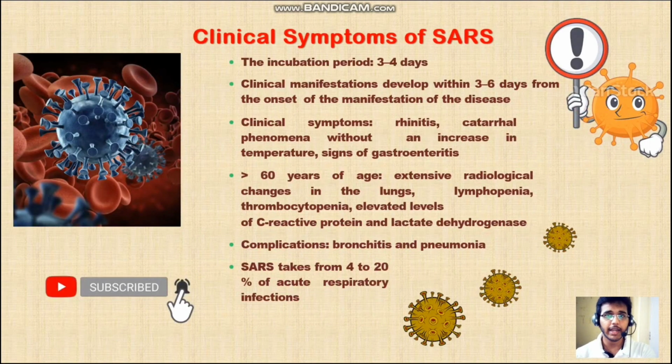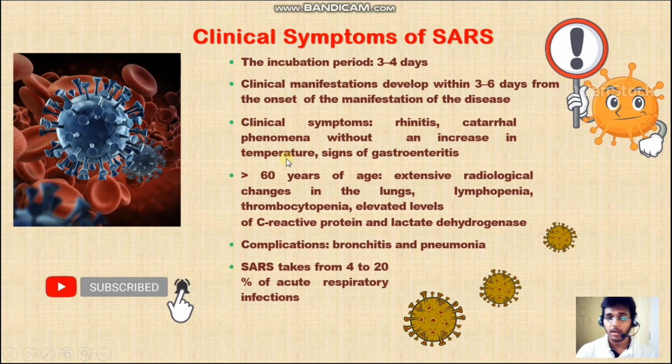Next we have to discuss the clinical symptoms of SARS. The incubation period was about 3 to 4 days. Clinical manifestations developed within 3 to 6 days from the onset of the disease. Clinical symptoms included rhinitis and catarrhal pneumonia without any increase in temperature. Signs of gastroenteritis were also found.